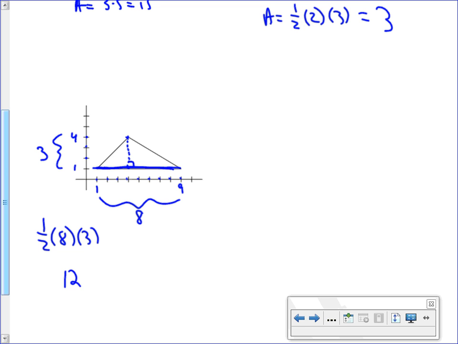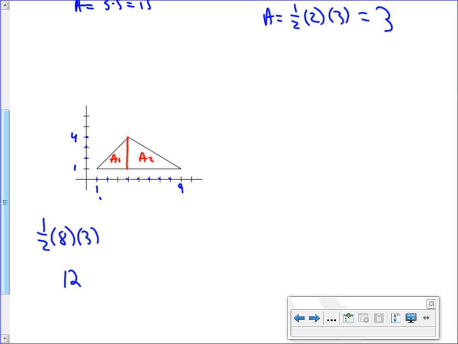Now, if you prefer, I'll show you another way that you can do this. You can cut this triangle, let me erase this work, into 2 right triangles, and that sometimes is very helpful. If you just physically cut it into two right triangles, and then do area 1 and area 2 and add them together.